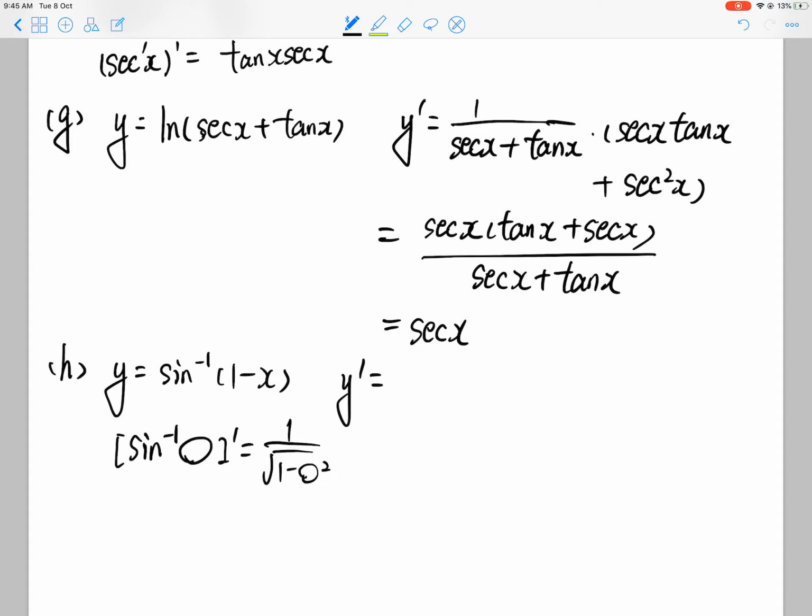So the first part is 1 over the square root of 1 minus this thing squared, times, now ignoring sine inverse, the derivative of 1 minus x, which is negative 1. So this is the result.